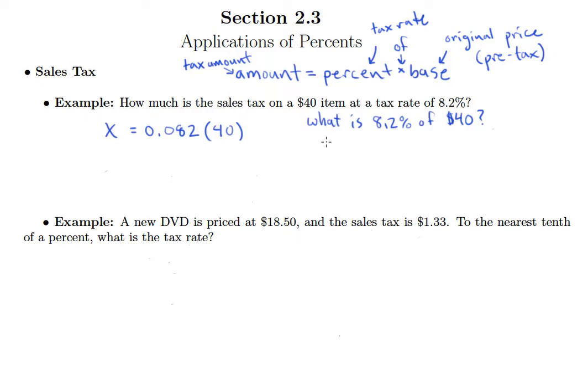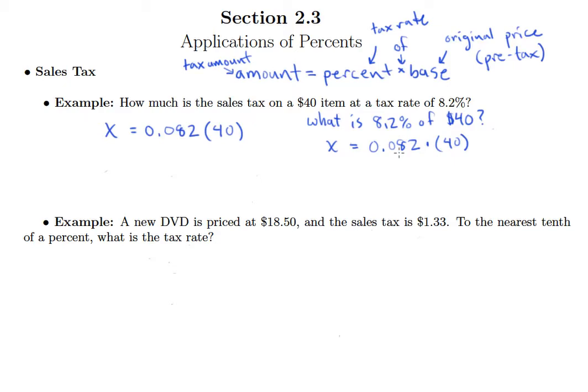What turns to x, is turns to equals, 8.2% turns to 0.082, and of turns to times. So we get the exact same setup. Whatever makes more sense to you, go ahead and use that strategy.